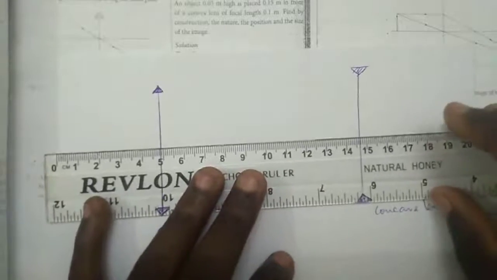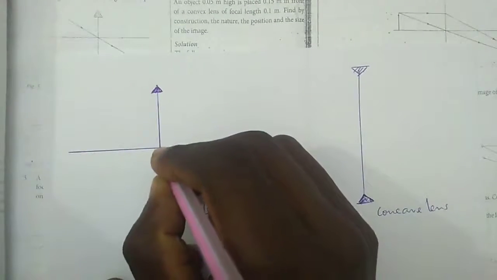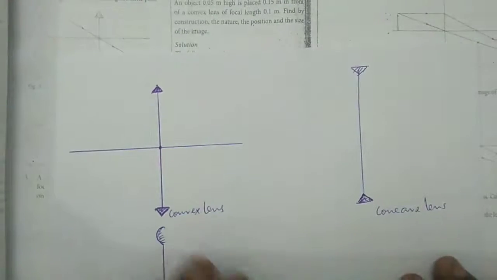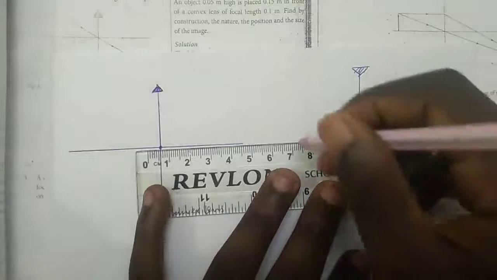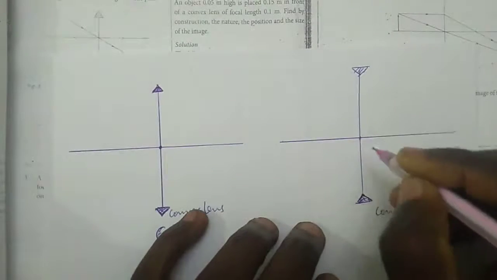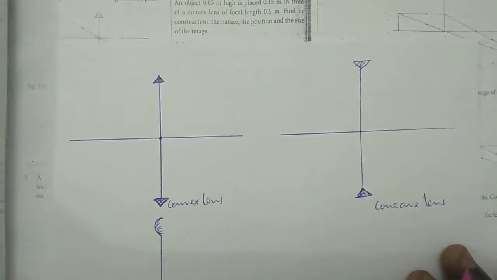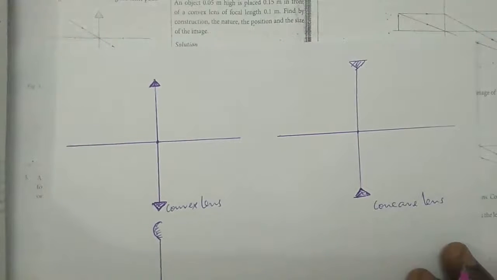So what happens ni kwamba katika hii hapa maana yake tutakuwa tuna point hii hapa ambayo tulisema jana kuwa ndio point ambayo ni katikati ya kioo, katikati ya lens yetu, na katika hii concave lens tutakuwa na point ile pale. So let's see different rules ambazo tunakuwa tunazitumia katika kuchora ray diagram katika hizi lenses zetu.